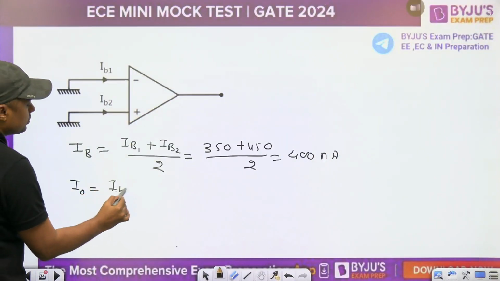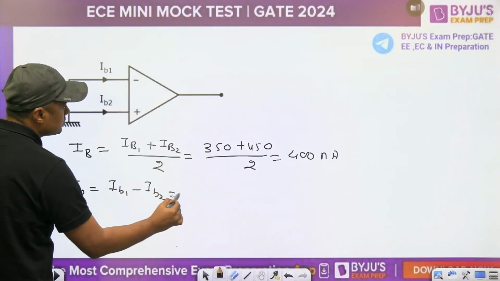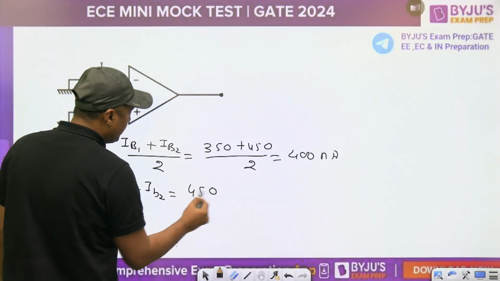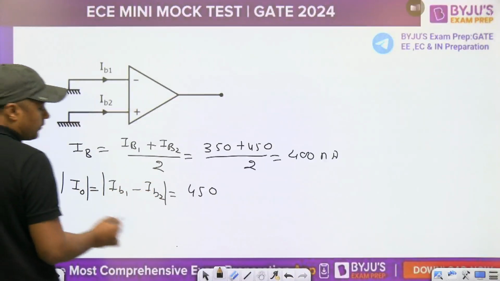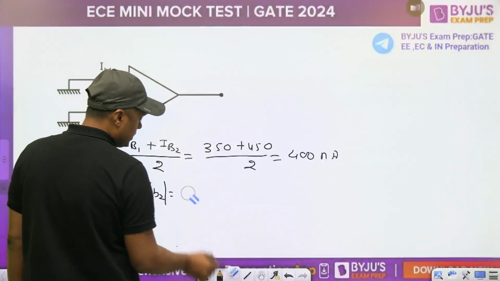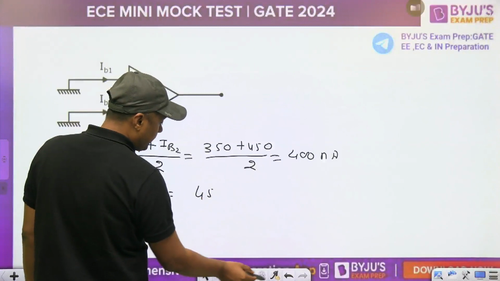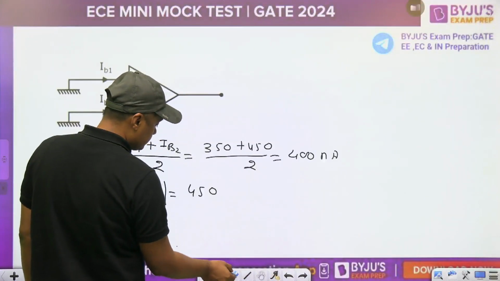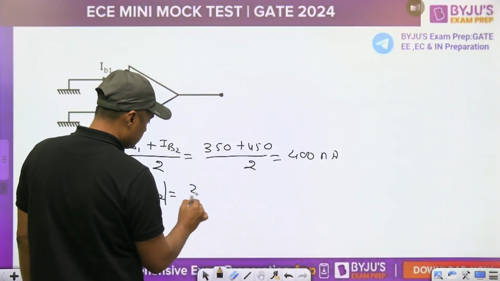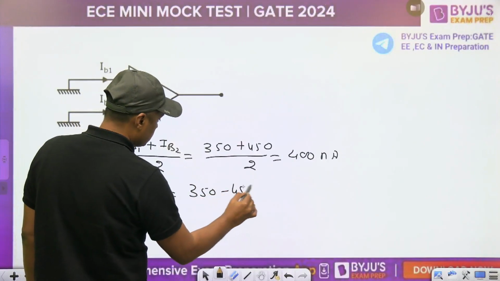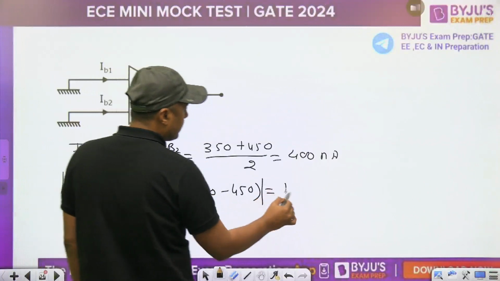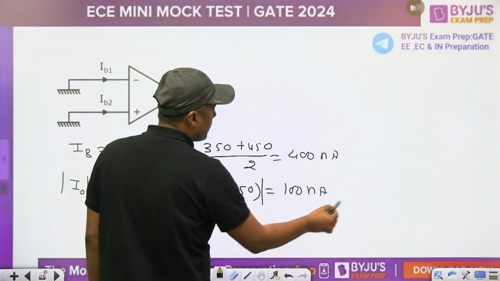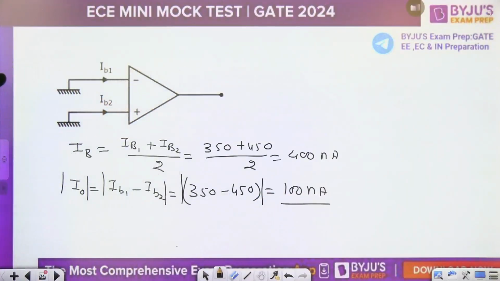The magnitude of the difference of these two, 450 minus 350, which will become positive 100 nanoampere. 400 nanoampere is the average value, and the difference is the offset current.